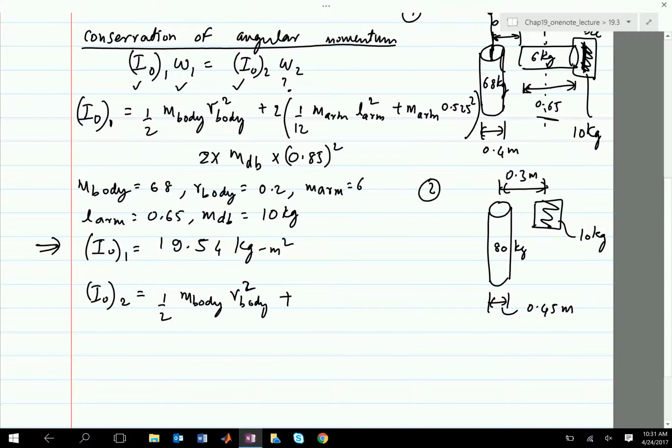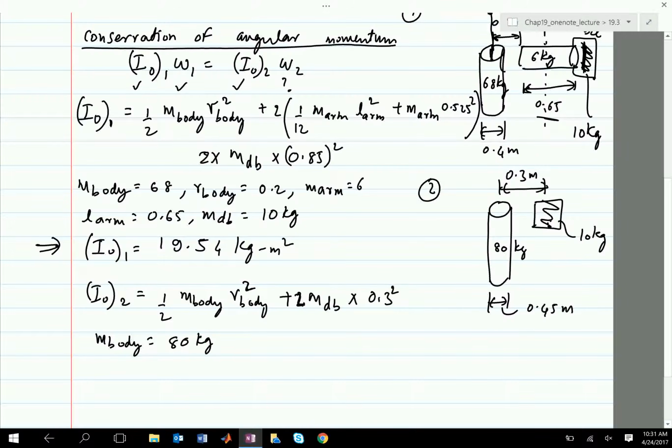Plus there's a dumbbell at 0.3 meters, and that's a point mass, so mdb times 0.3 square, because the distance between the dumbbell and the vertical axis is 0.3, and since there are two of those, you've got to put a 2. So in here we got to put m body is 80 kilograms.